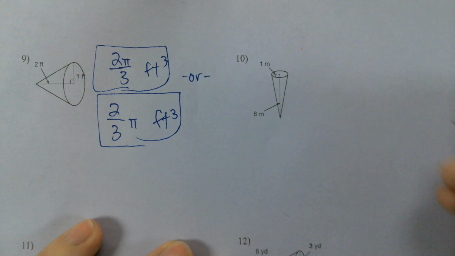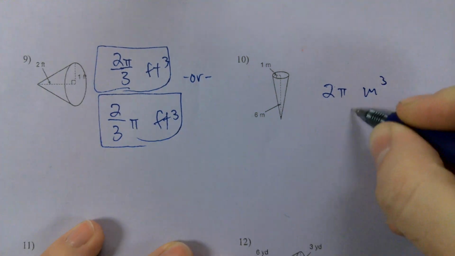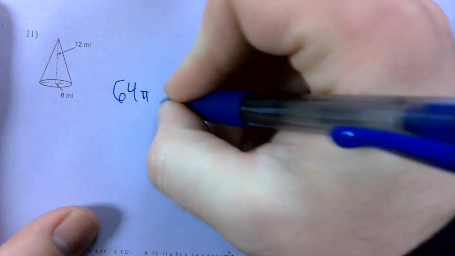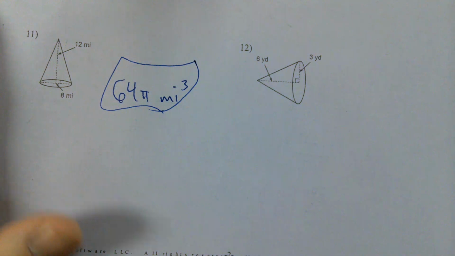And number 10, we've got, what is that, 2 pi meters cubed? Everything look good so far? Yes. Okay, cool. Down to 11, we get 64 pi miles cubed. Again, please make sure that pi is in your answer.